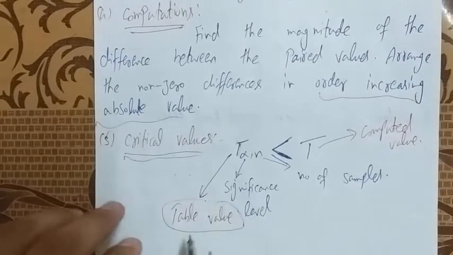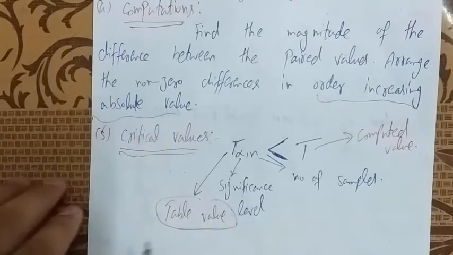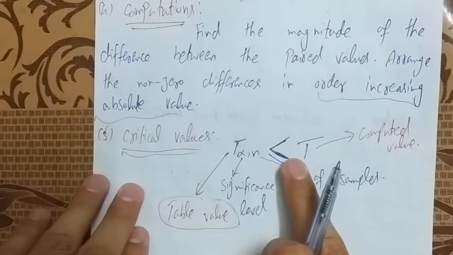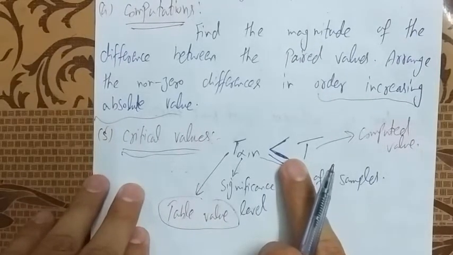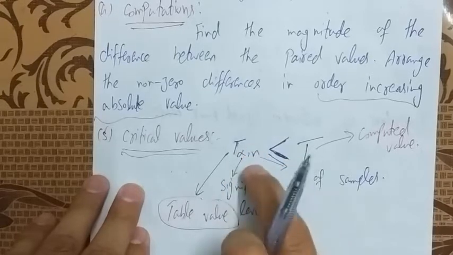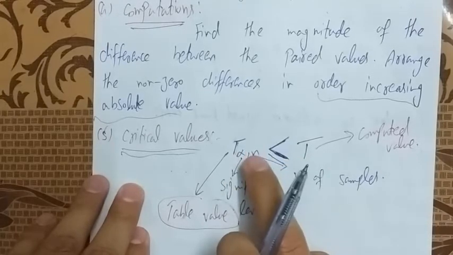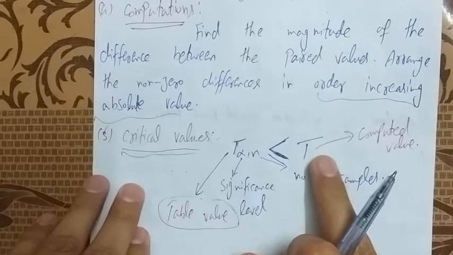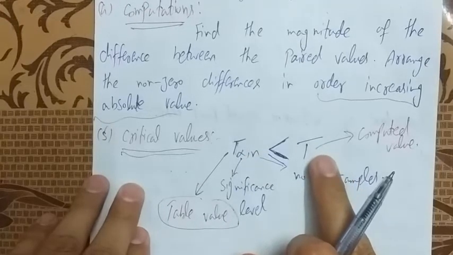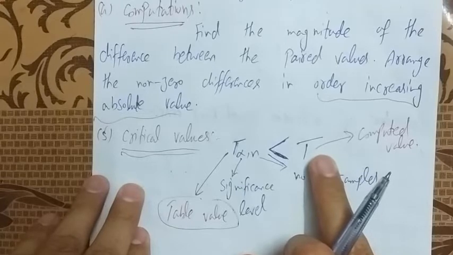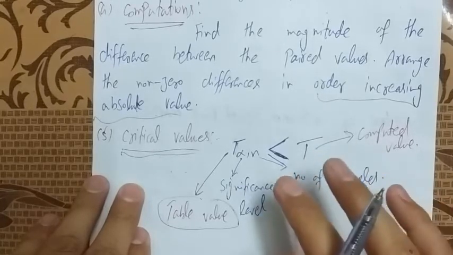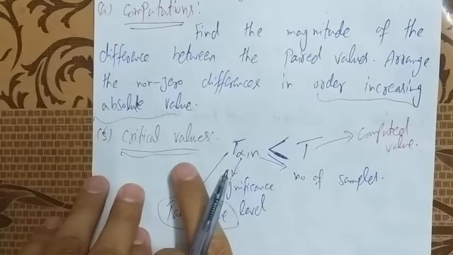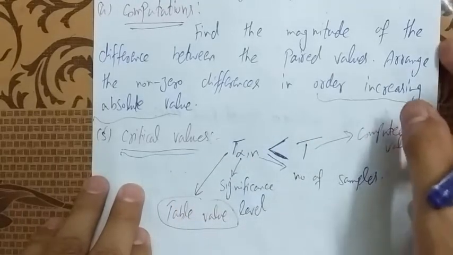Students, then we accept our null hypothesis, and if this table value is greater than the computed values, then we say our values lie in the critical region and we reject our null hypothesis.